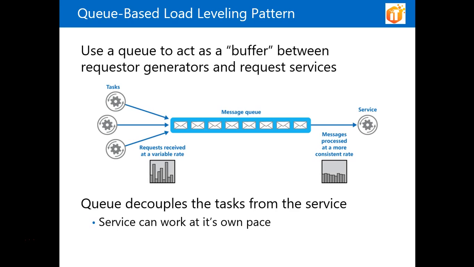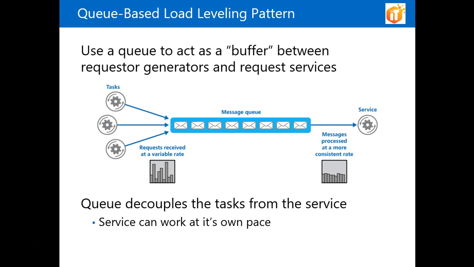So this pattern provides various benefits. It can help to maximize availability because delays arising in the service won't have an immediate or direct impact on the application, which can continue to post messages to the queue even when the service isn't available or isn't currently processing messages. It can help to maximize scalability because both the number of queues and the number of services can be varied to meet demand.